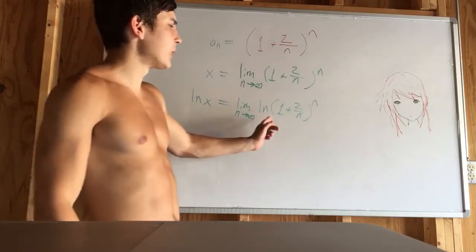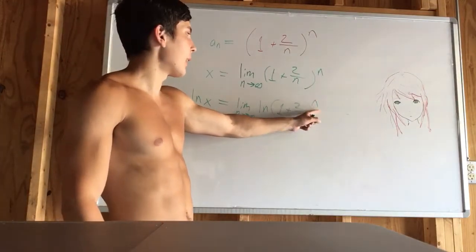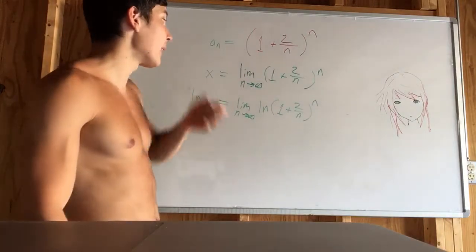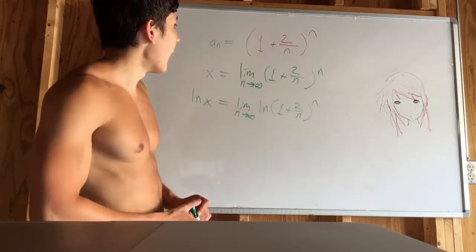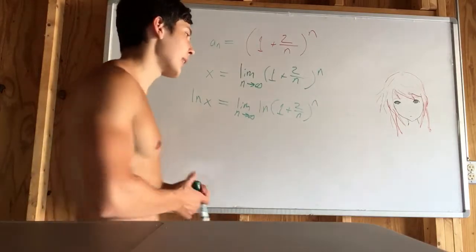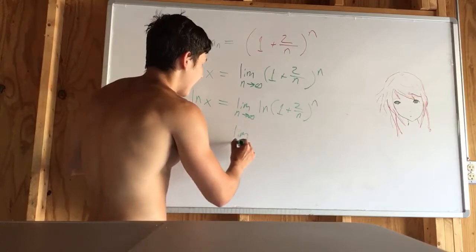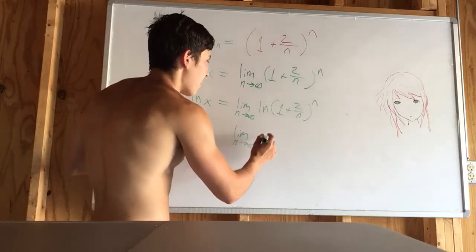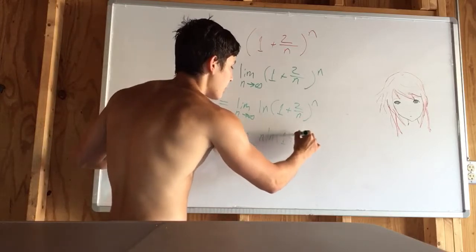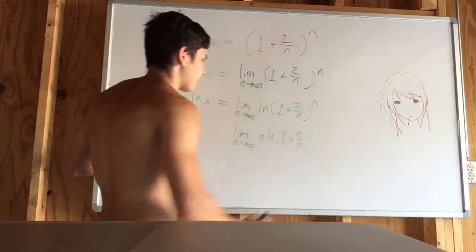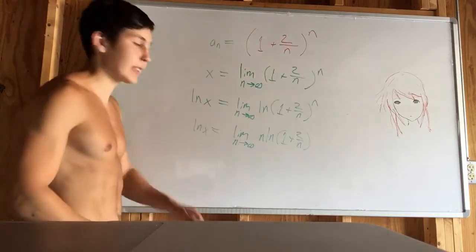Remember, the reason we're taking the natural log is because we have this power here, and it's really the only thing we can do as far as I see it. So we have to bring that down: the limit as n approaches infinity of n times the natural log of 1 plus 2 over n equals the natural log of x, not just x.